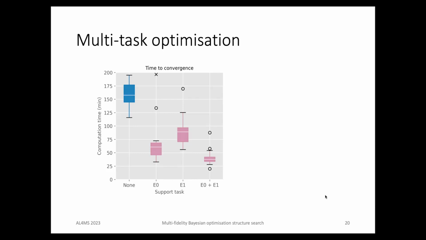And here we can see that we get the best results when we use both the E0 and E1 tasks as the support tasks. In that case, the reduction is around 75%, from around 160 minutes to 40 minutes, so around 2 hours reduction in the median computation time.